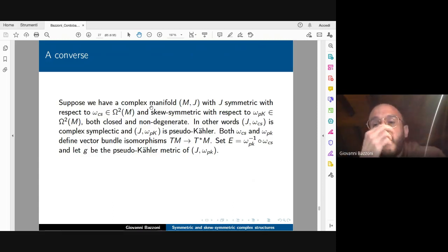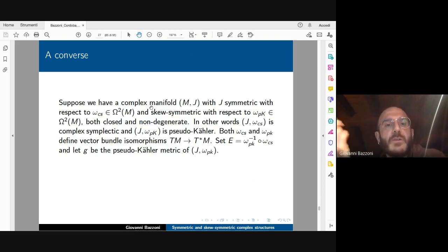Since they're non-degenerate, both omega_CS and omega_PK actually define vector bundle isomorphisms from the tangent bundle to the cotangent bundle. So you can invert them and compose them, and you call E the composition of omega_PK to the -1, seen as an isomorphism, with omega_CS.